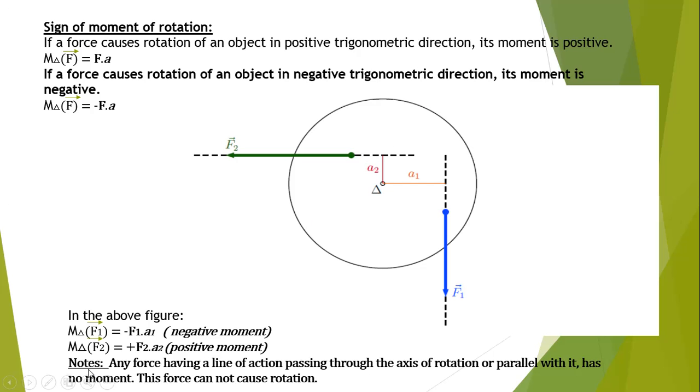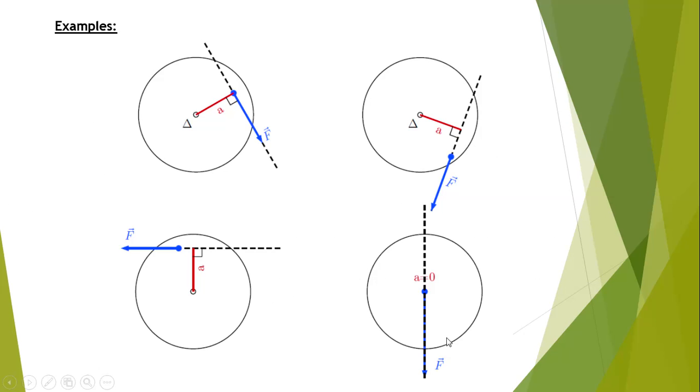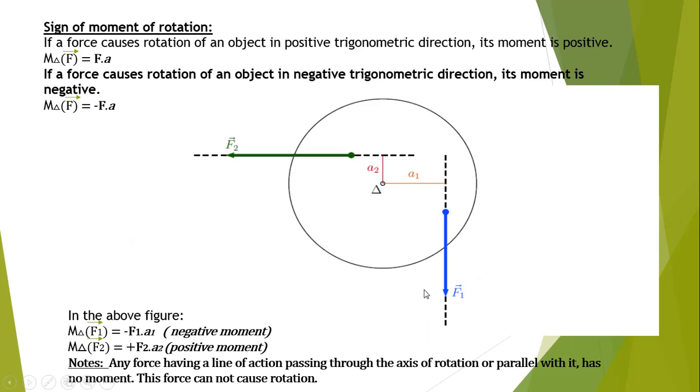Note: any force having a line of action passing through the axis of rotation, for example, as in this figure, the line of action of force F passes through the axis of rotation at this point. So any force having a line of action passing through the axis of rotation or parallel with it has no moment.